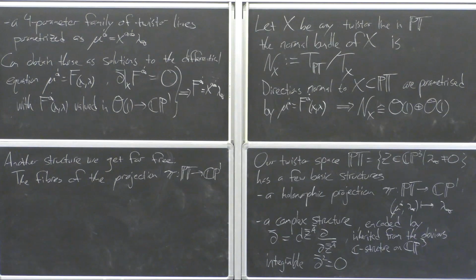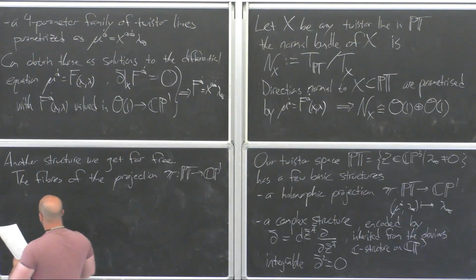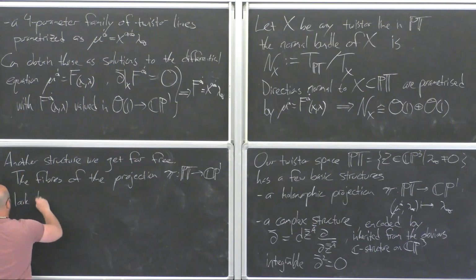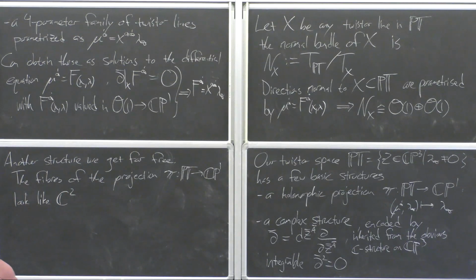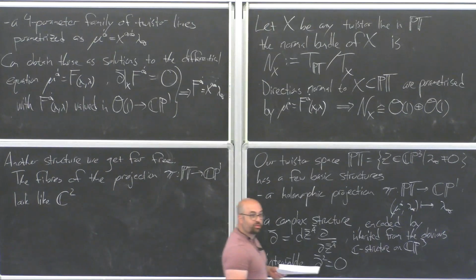Their coordinates are just the mu alpha dots. There's two of them. And C2 comes with a natural SL2 invariant symplectic structure.